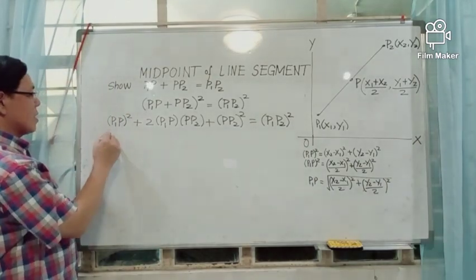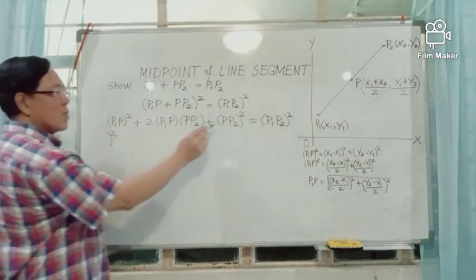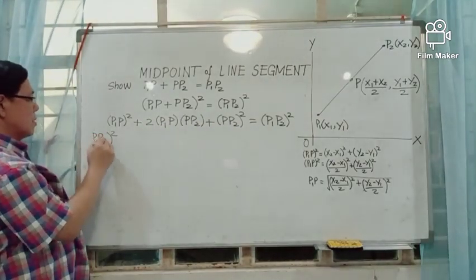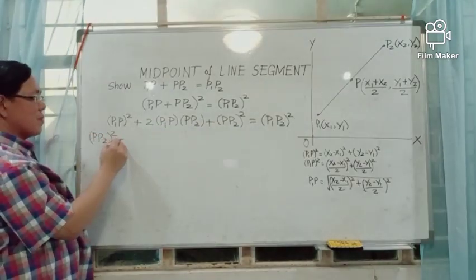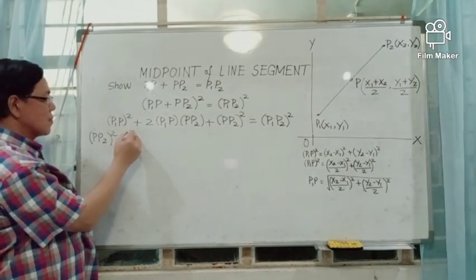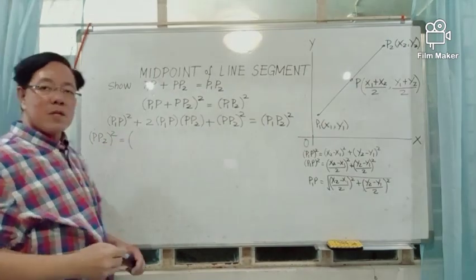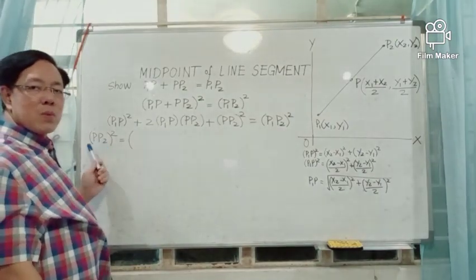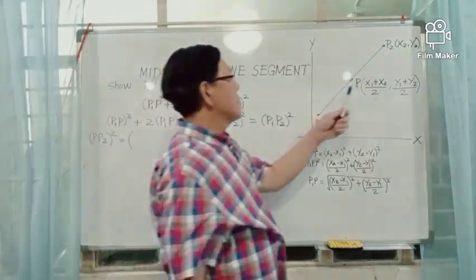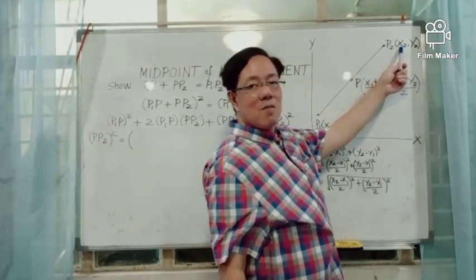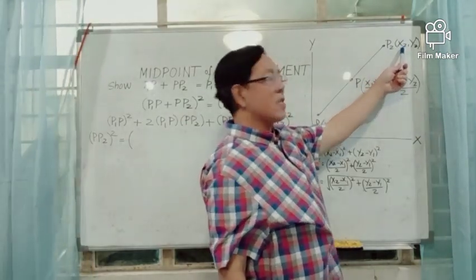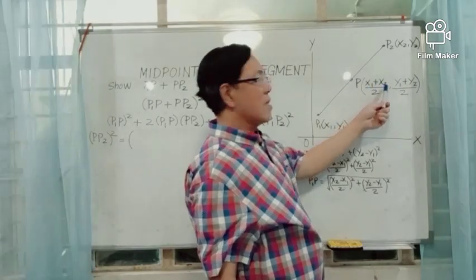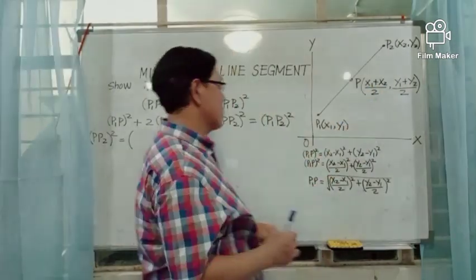We have the square of the distance between P and P2, by distance formula, is equal to the square of the difference of the abscissas of P2 and P. Abscissa, we start with the higher point P2, x2 minus x1 plus x2 all over 2.